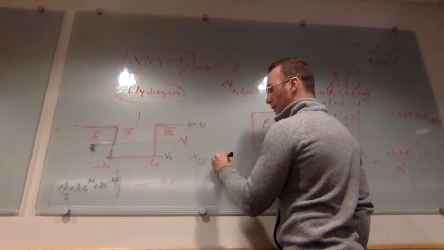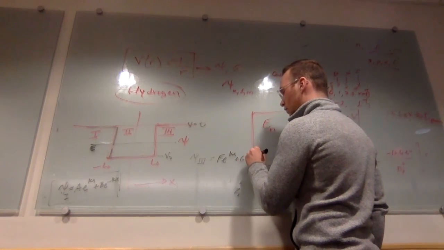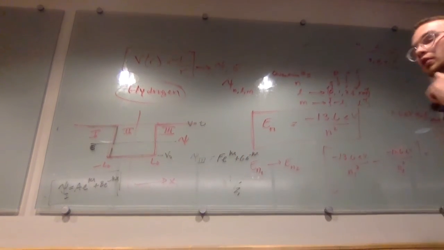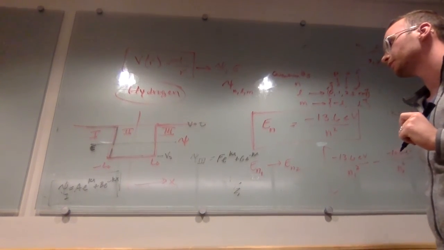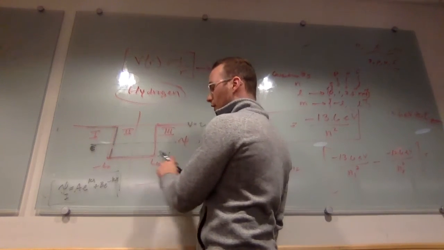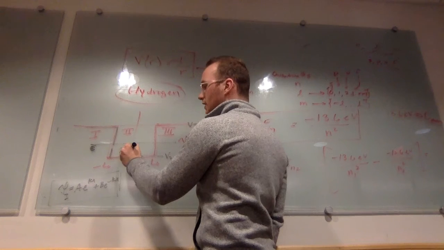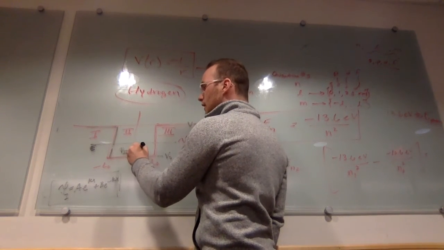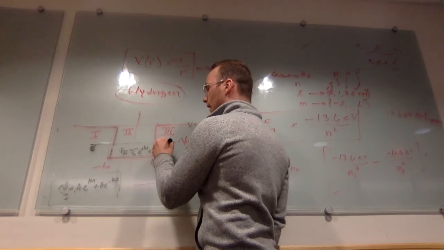I remember I used F and G. And in region 2, the energy is higher than the potential. So I got something that looked like C e to the i kx plus D e to the minus i kx.